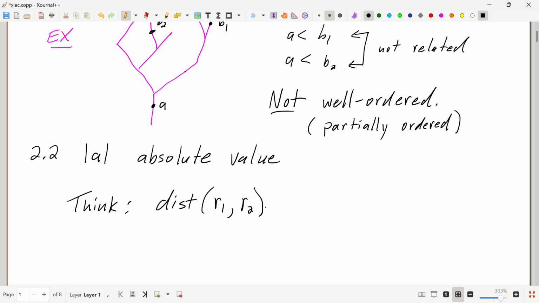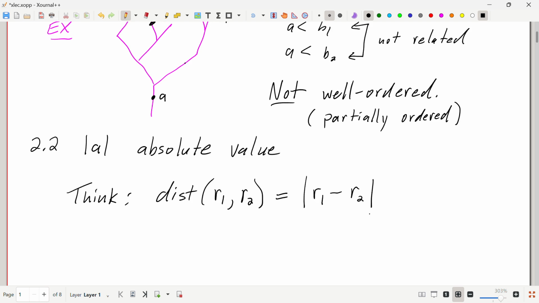Well, in my picture above, r1 was smaller, so that distance would be r2 minus r1. But if the other one was bigger, then I'd have to take minus that. So this is a moment when the absolute value comes in handy. So the absolute value function is the distance function on the real line.